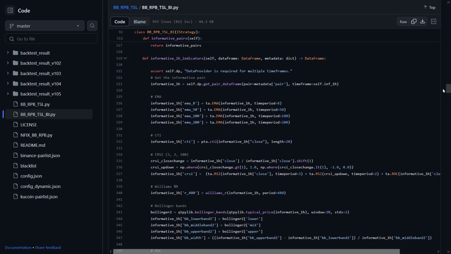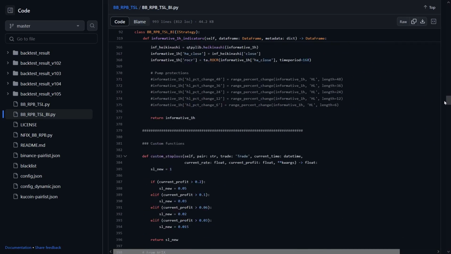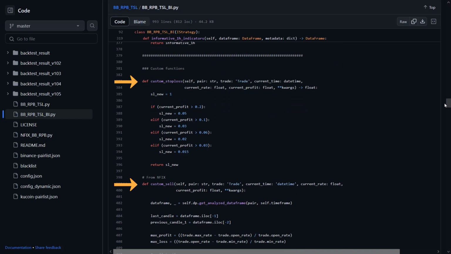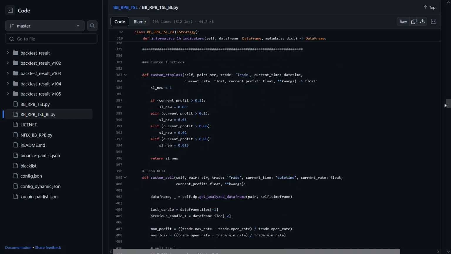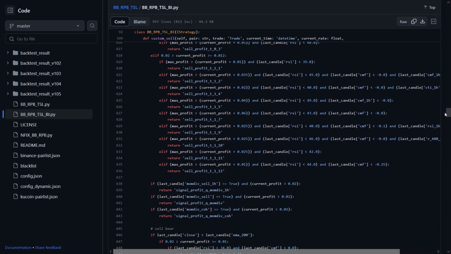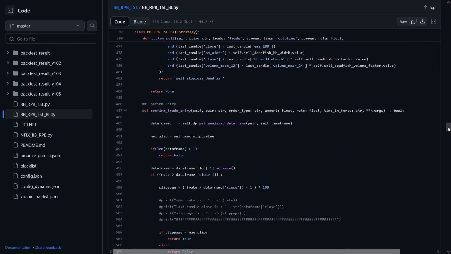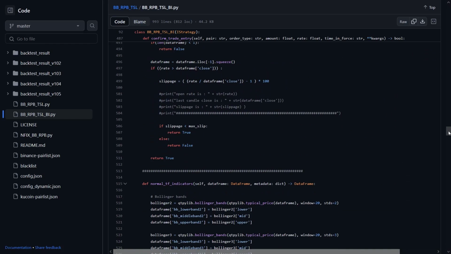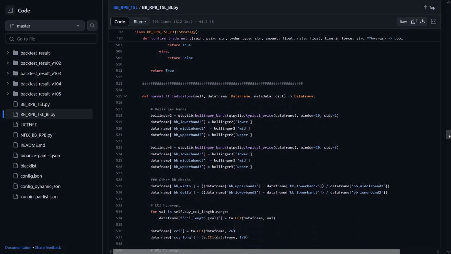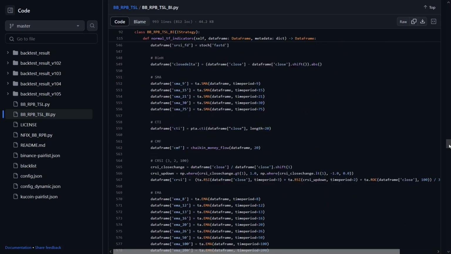Followed here, a little bit further down below, by custom stop loss settings and a section where the NFIX code is used to determine the custom sells. Then over here there is a section where the normal or current time frame indicator settings are determined.